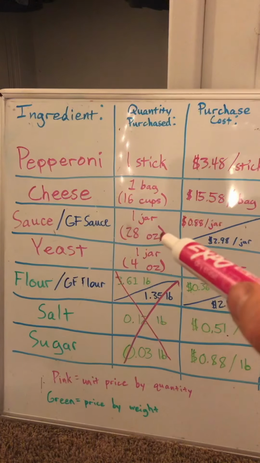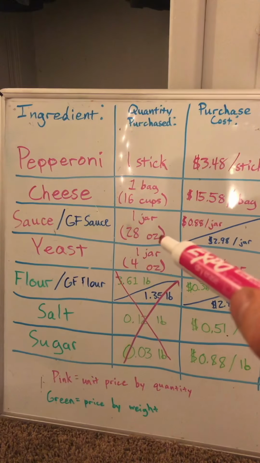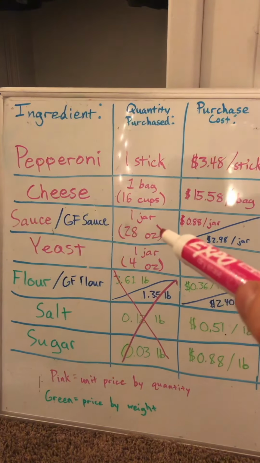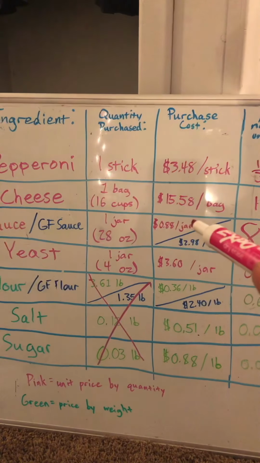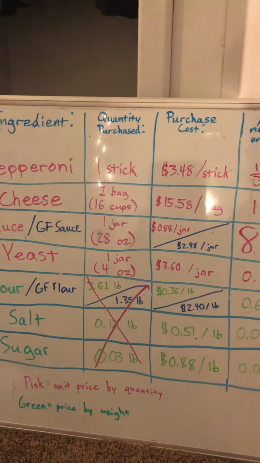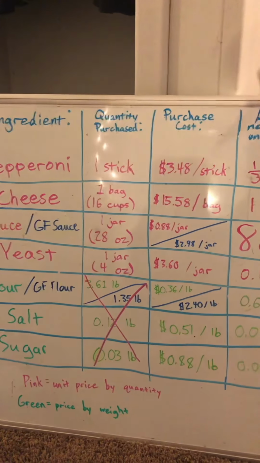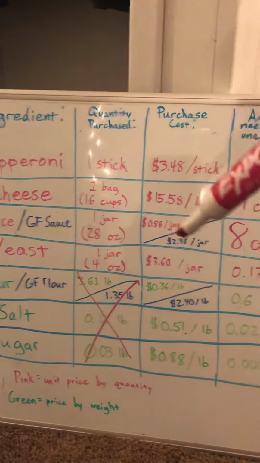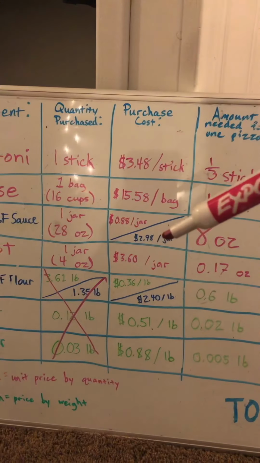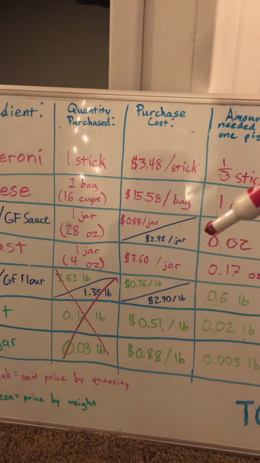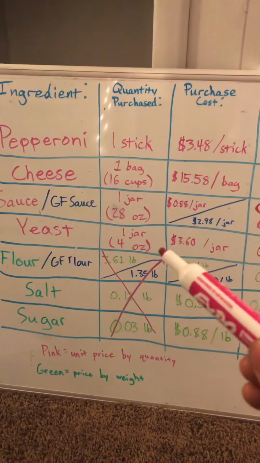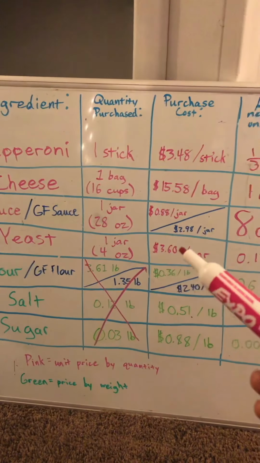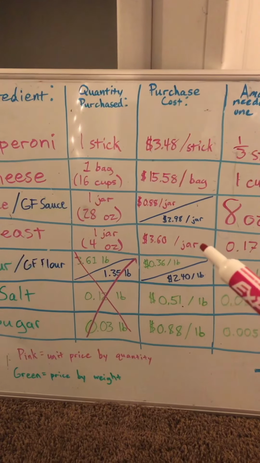A regular jar of sauce was 28 ounces, and that jar cost 88 cents per jar. Now the gluten-free sauce came in the same size jar, but it cost $2.98 per jar. The yeast came in a 4-ounce jar, and it was $3.60 per jar.